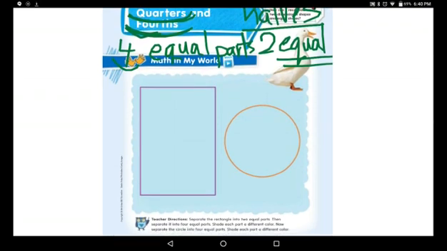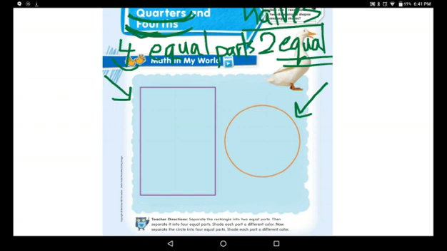Now I want you to bring your ruler and your pencil and start with me. I have two wholes here. The first whole is a rectangle and the second whole is a circle. Why did I say whole? Because I still did not cut it or separate it into any part, right?